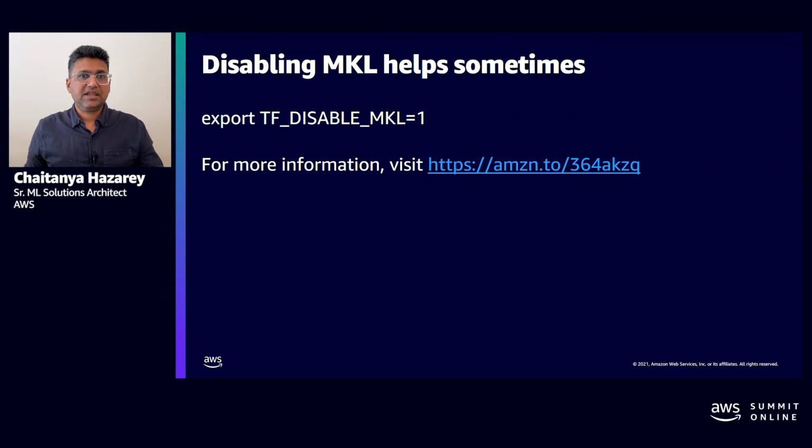Usually, enabling and using Intel MKL speeds up inference, but we have found empirically in certain use cases, disabling Intel MKL helped us improve the performance by almost 30%. Since this is an easy experiment to perform, please do check out this option in your performance optimization workflow.